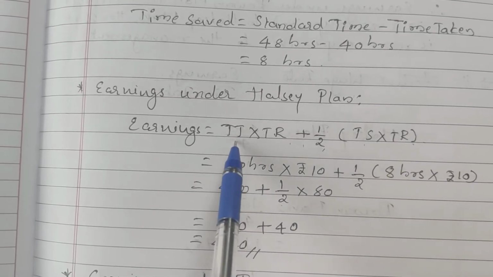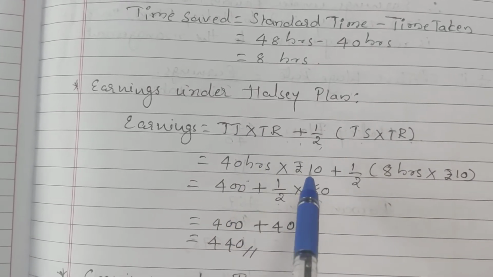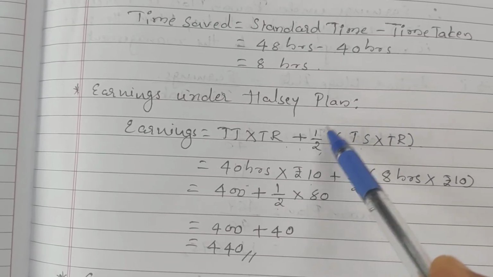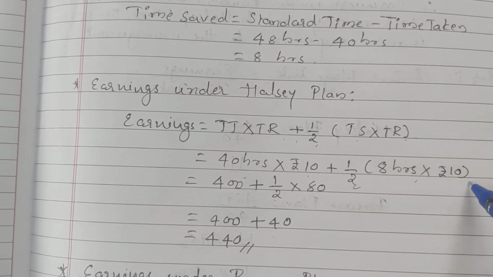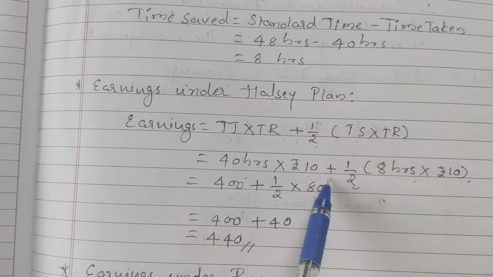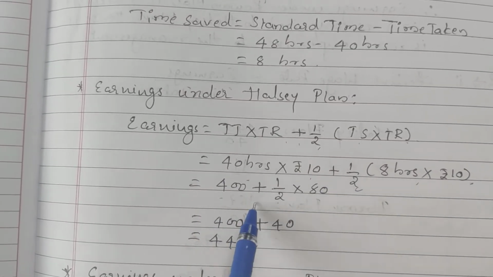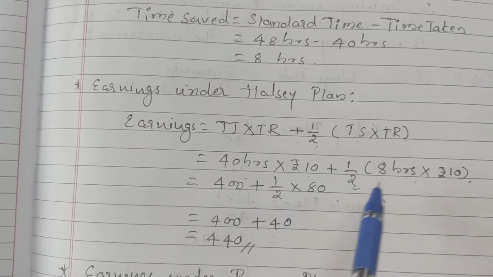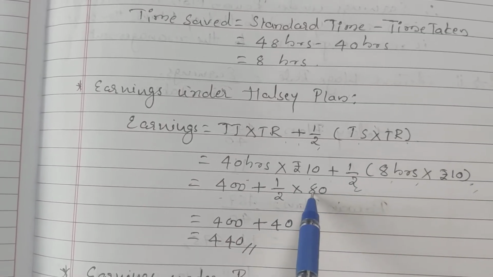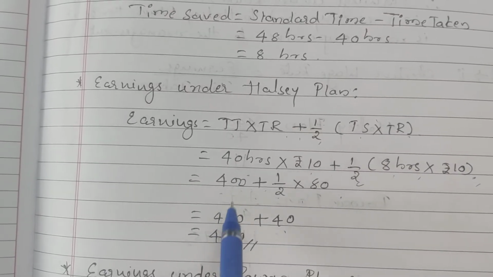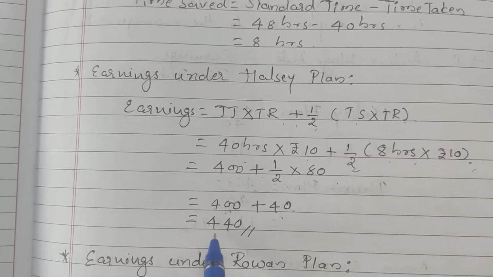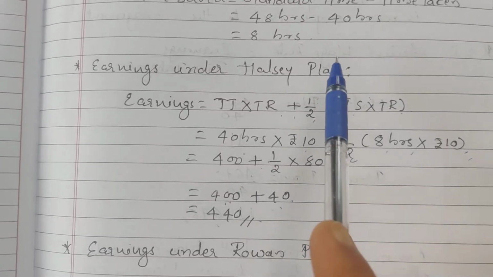Time taken is 40 hours, time rate is 10 rupees, plus half of time saved, 8 hours, into time rate 10. Therefore 40 into 10 is 400, plus half of 80. 8 into 10 is 80, half of that is 40. Therefore 400 plus 40 is 440, the earnings under Halsey plan.